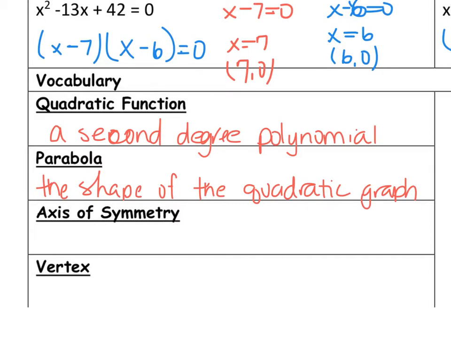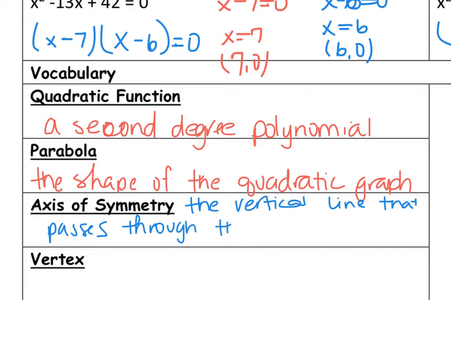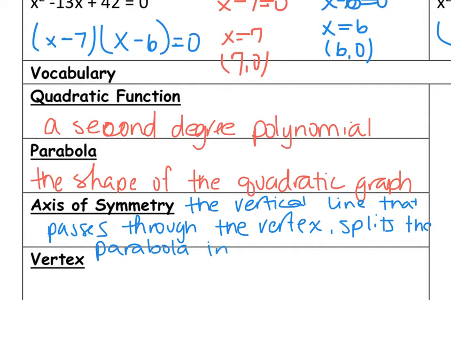If you remember, the axis of symmetry is the vertical line that passes through the vertex and it splits the parabola in half into two identical halves. So it's basically a line of symmetry.